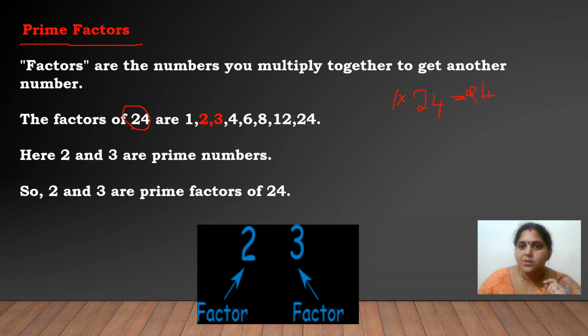Now, 2 table. 2 12s are 24, right? Now, coming to the 3 table. 3 8s are 24. Next, 4 6s are 24.